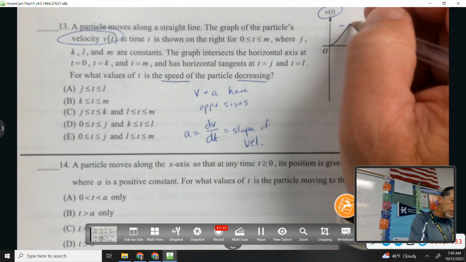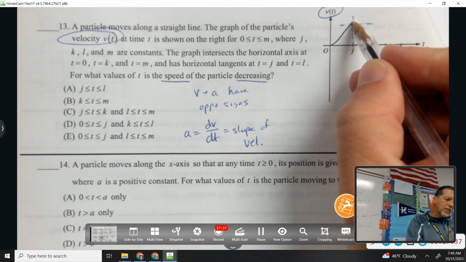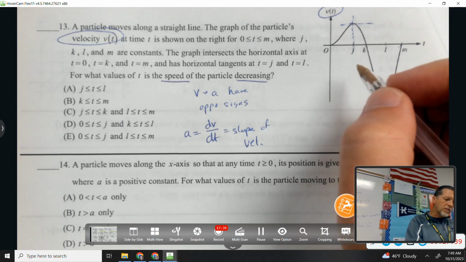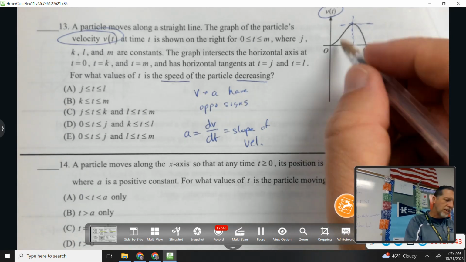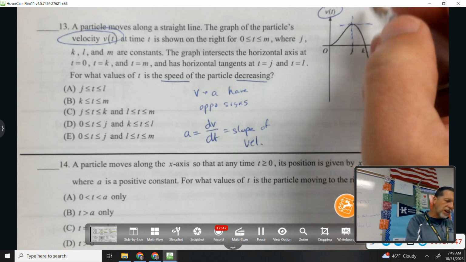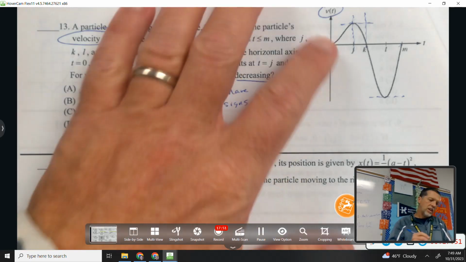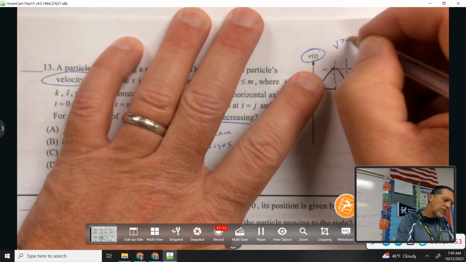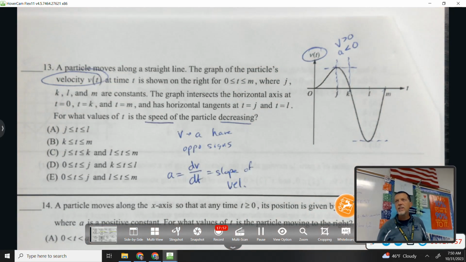So what about 0 to J? Velocity is positive. What's acceleration? Positive, because the slope is positive. So that's speeding up. That doesn't count. What about J to K? What's the velocity? And what's the acceleration? How do you know the acceleration is negative? Because the slope of the velocity is negative.